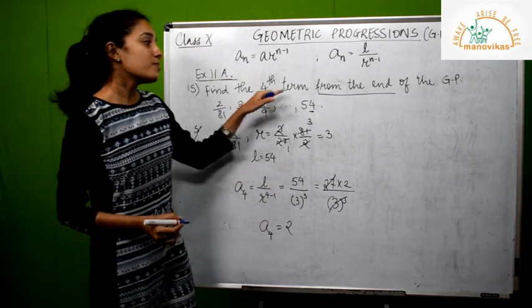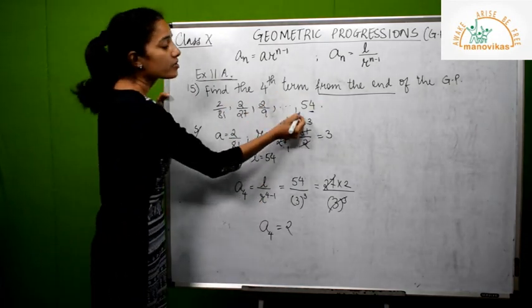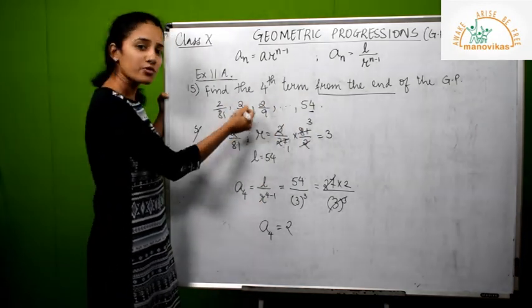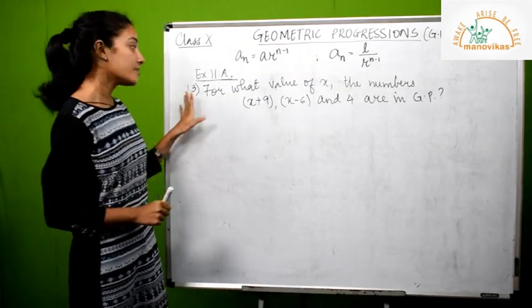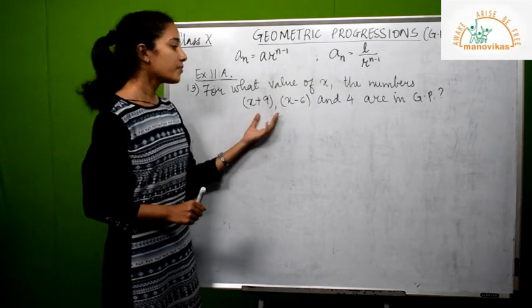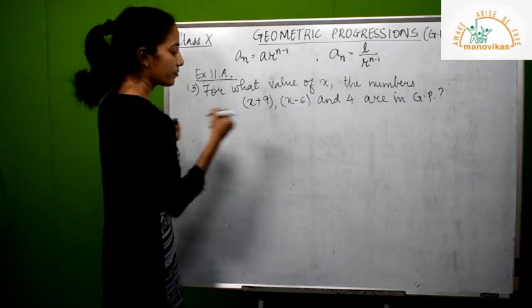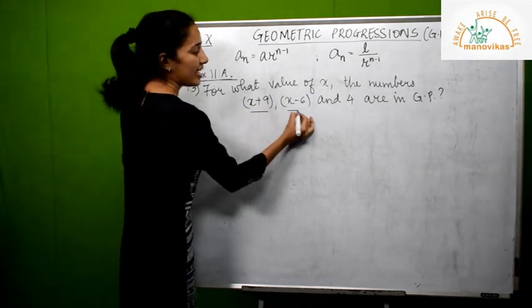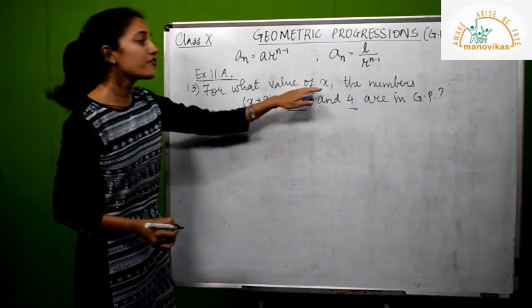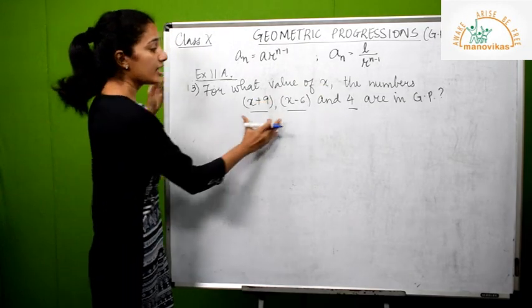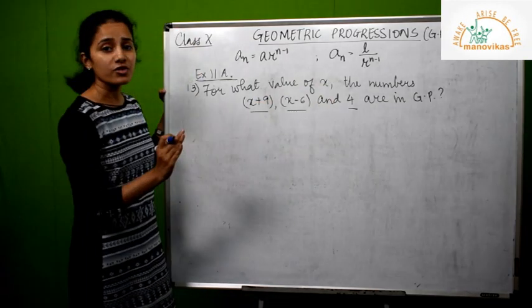Now in such problems, please don't divide it with the ratio to get the fourth term. Use the formula. Let us consider another problem, problem number 13. For what value of x are the numbers x plus 9, x minus 6 and 4 in GP? So you have to find the value of x for which these numbers are in GP.